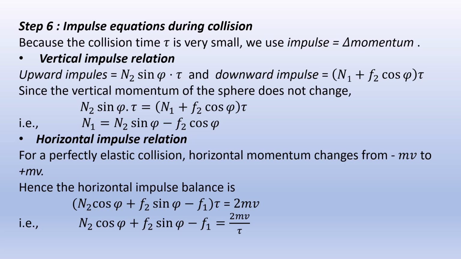Therefore, the horizontal impulse balance becomes (N2 cos phi plus F2 sin phi minus F1) times tau, and this is equal to 2mv, or N2 cos phi plus F2 sin phi minus F1 is equal to 2mv upon tau. So now we have obtained two important impulse equations, one from vertical momentum balance and the other from horizontal momentum change during the elastic collision.